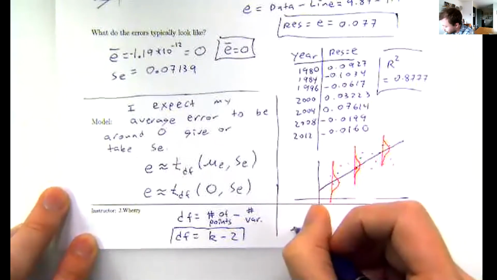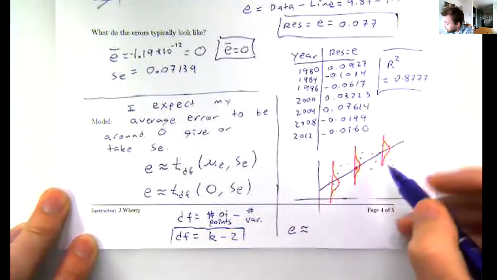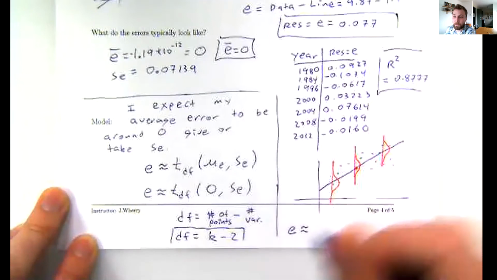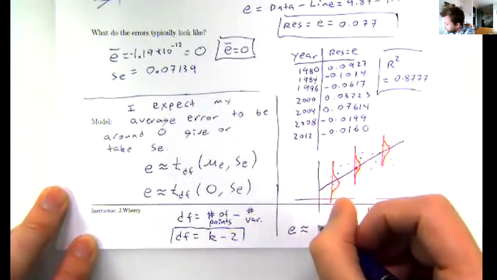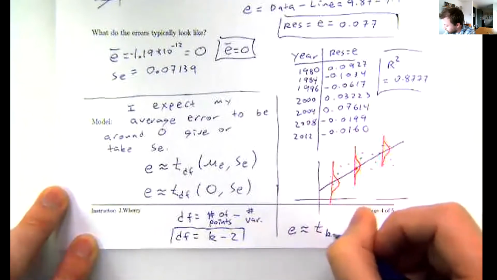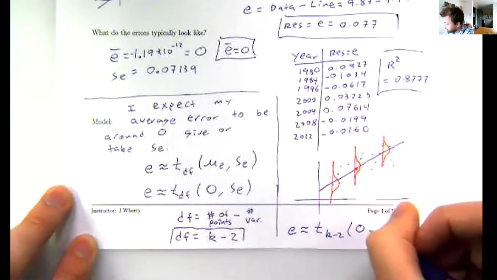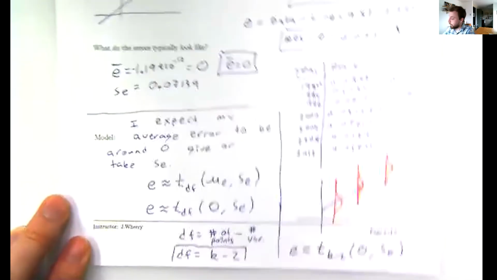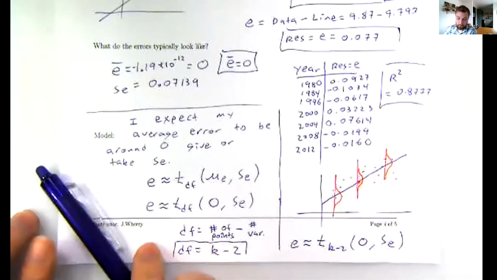Here's what this means. If I want to make predictions using this line, I could actually make confidence intervals for each of these values to try to figure out what's going above and below. That's going to have a t distribution with k minus 2 degrees of freedom. I expect no error, and any error that I do have should follow the standard deviation for the residuals.